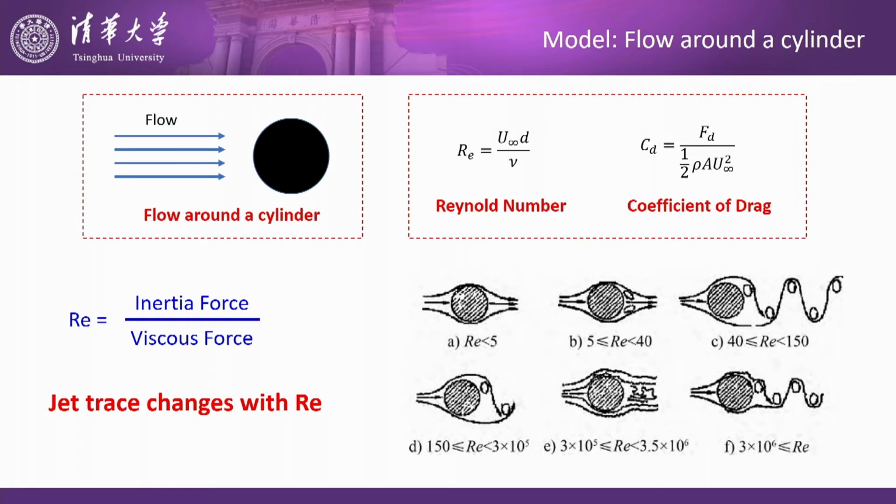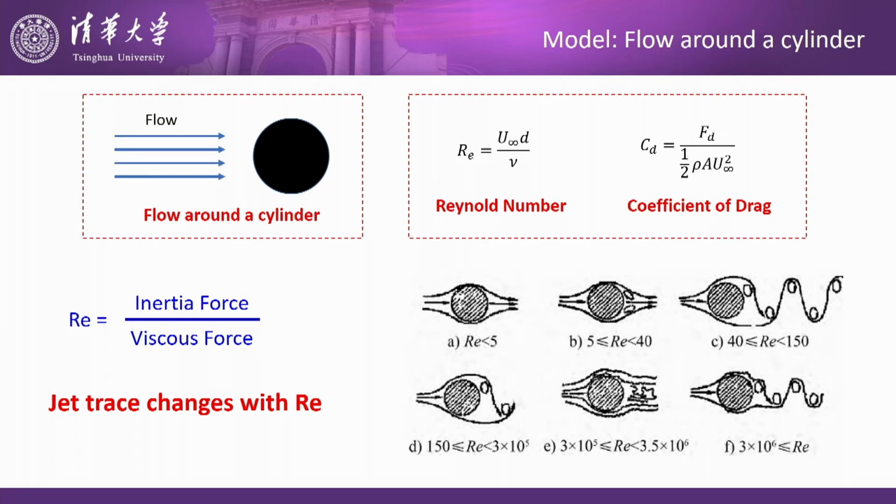Very important one. So around 3 times 10 to the power of 5 here, the jet trace changed a lot. From laminar flow to here, laminar flow outside, turbulence inside, and go back to turbulence again.